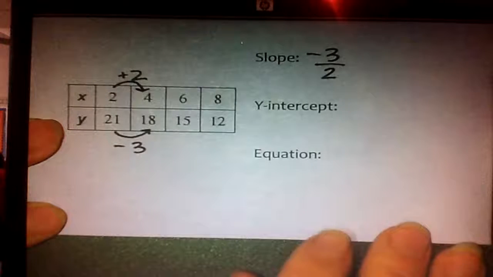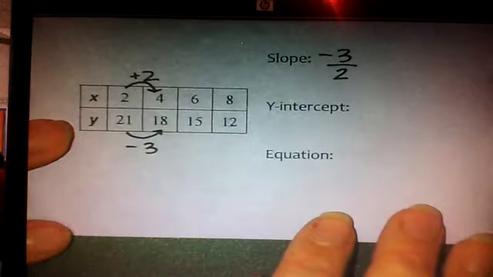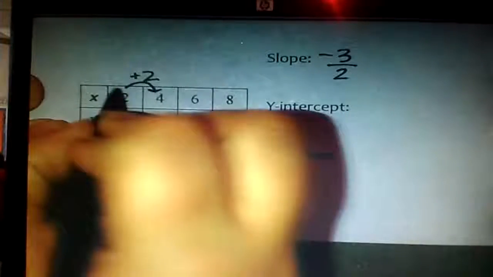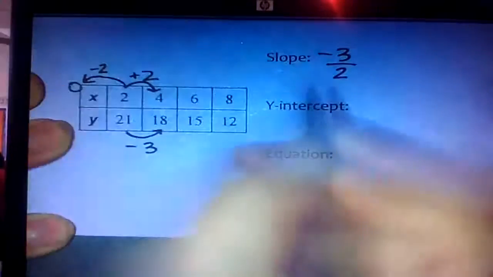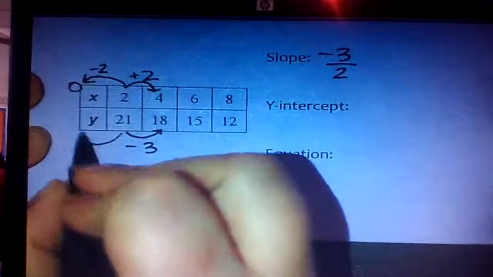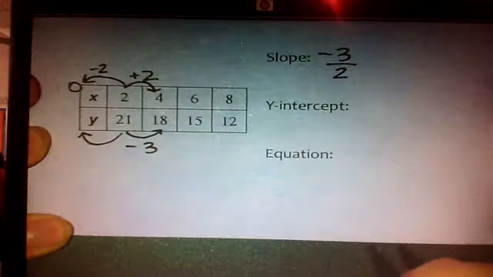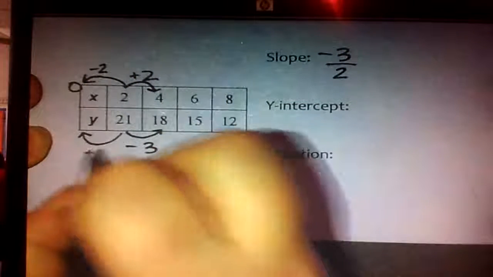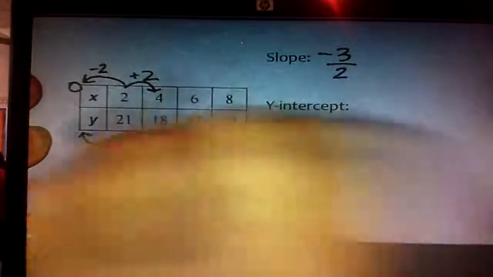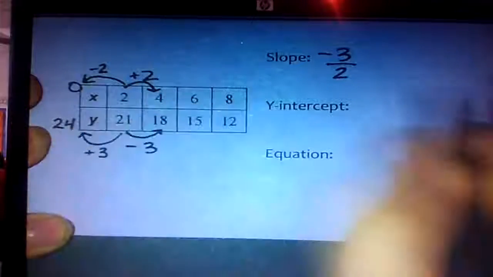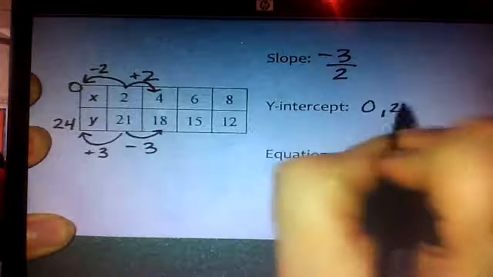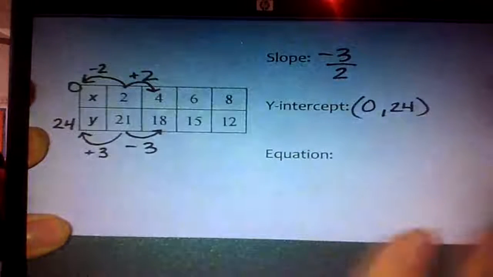To work backwards to get to 0, I would subtract 2. So to get my y value, I would do what? No, you would add 3. You would add 3. We're going in the opposite direction. So 24.